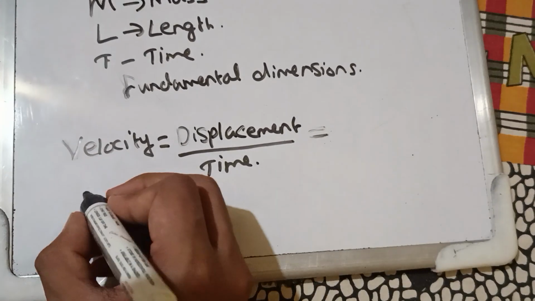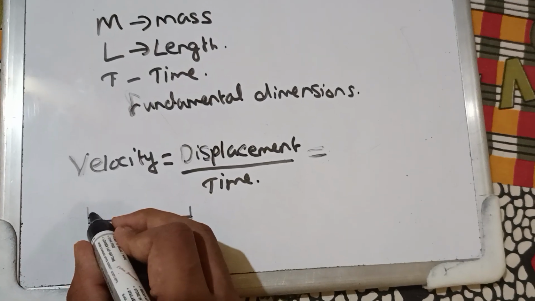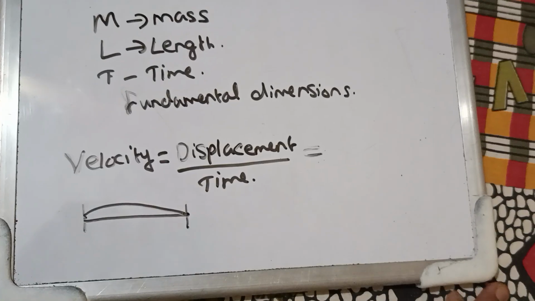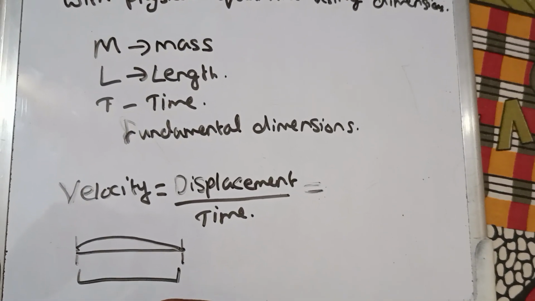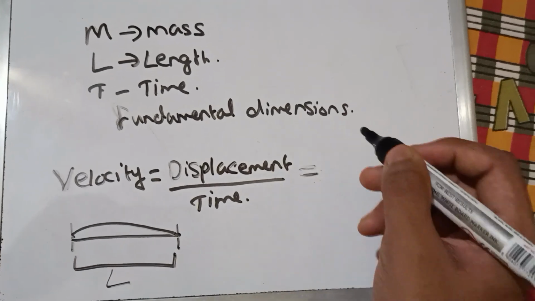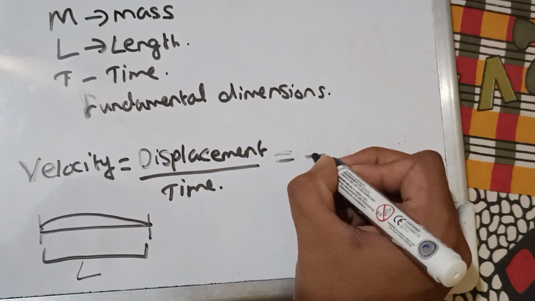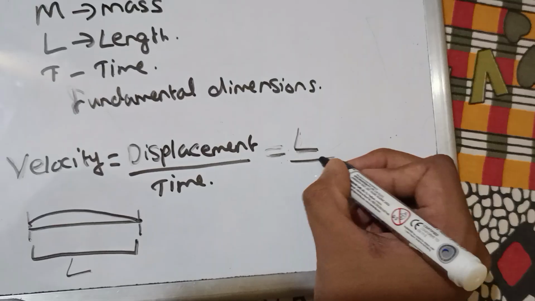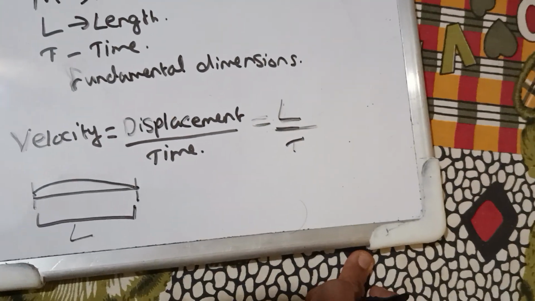What is displacement? It is the shortest distance traveled from the initial to the final point of an object. So that basically shows us a length. So we will add L as length in place of displacement, divided by time, which is T.